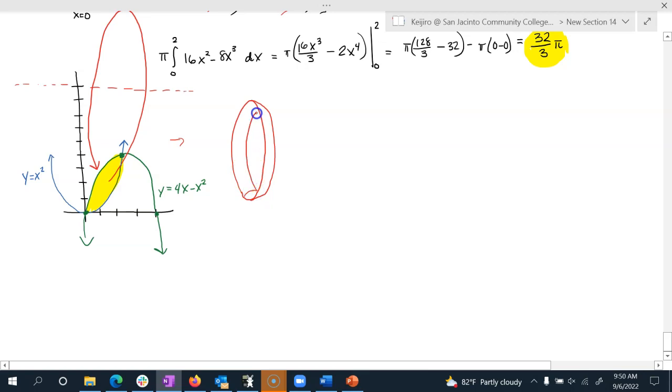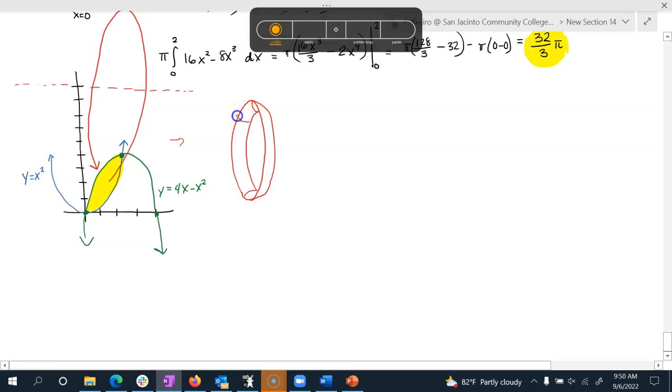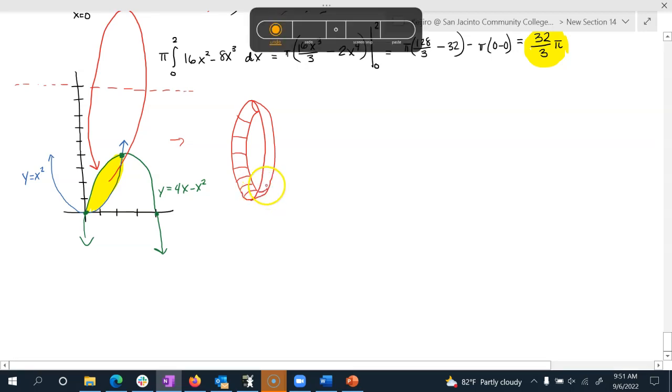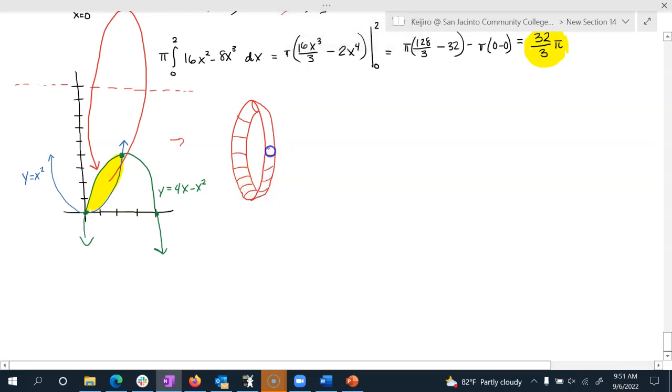There's just this giant hole in the middle. Like this weird onion ring kind of thing. What would the volume of that be?